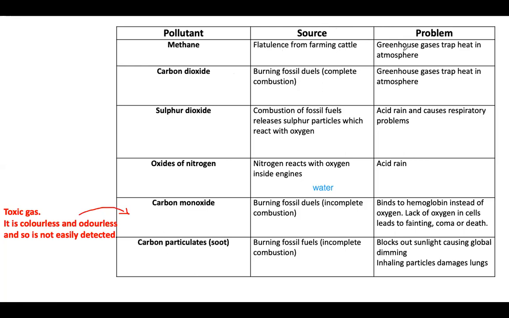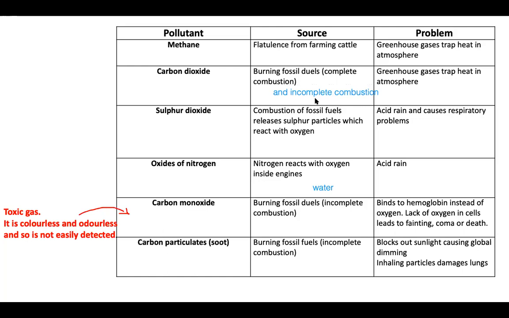The problem is greenhouse gases trap heat in the atmosphere, so that contributes to global warming. Carbon dioxide we get from burning fossil fuels through complete combustion and incomplete combustion. Greenhouse gases trap heat in the atmosphere.